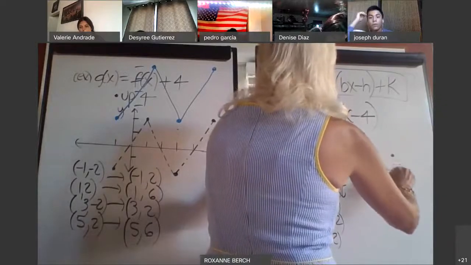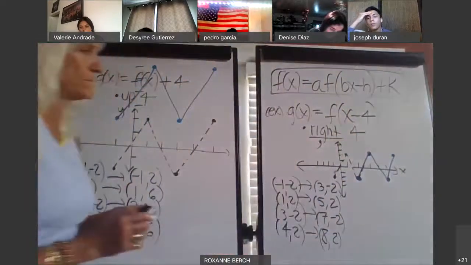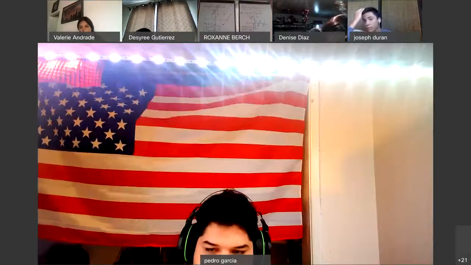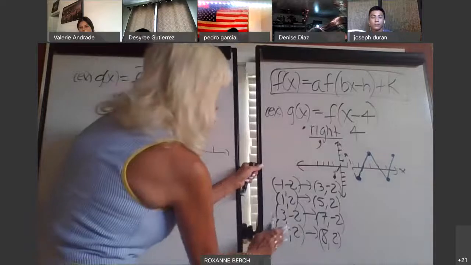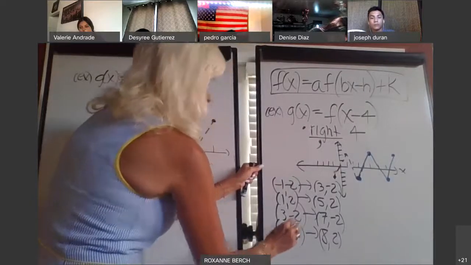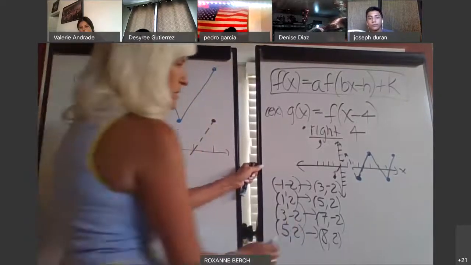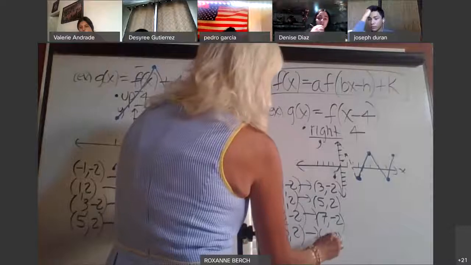Miss Birch, isn't your x for the last point 5 if it's the same one as last time? 5. And then when you add 4, it should be 9. Thanks.